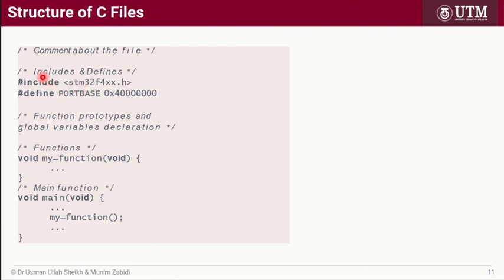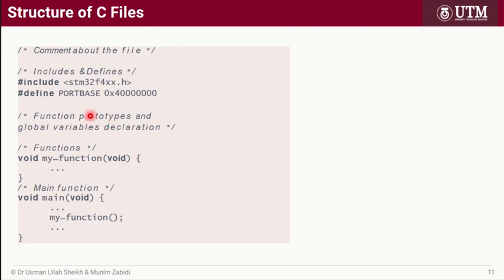Here you can include any files that you want to include in your program, and you can define any variables. This is where you put all these things. Then the second part has the function prototypes and global variable declarations. You can put any function prototype and global variable declaration under the second part.